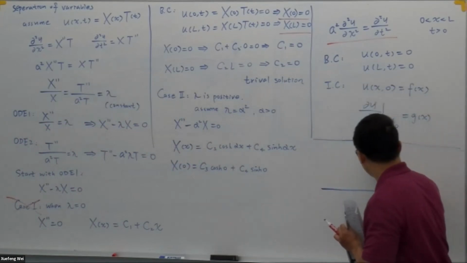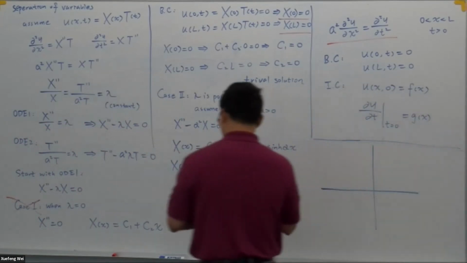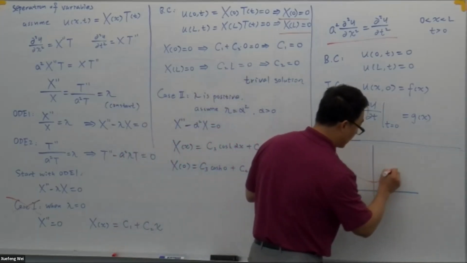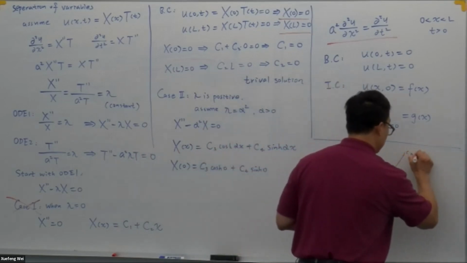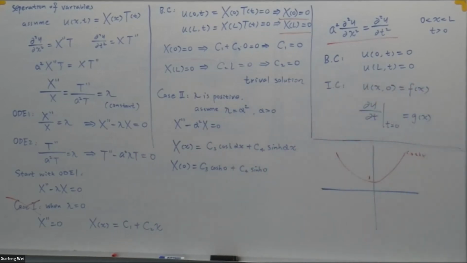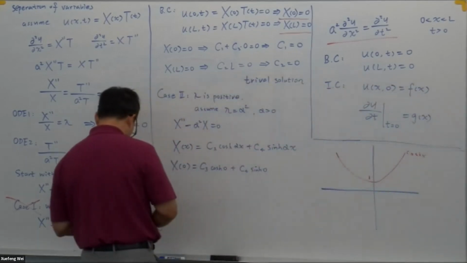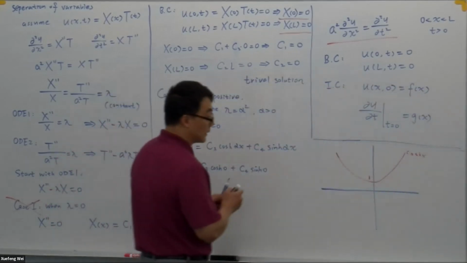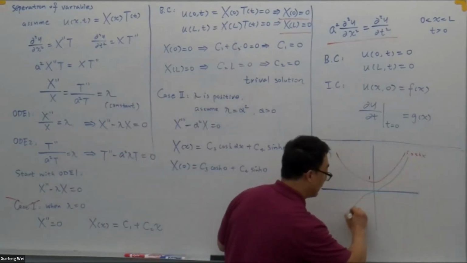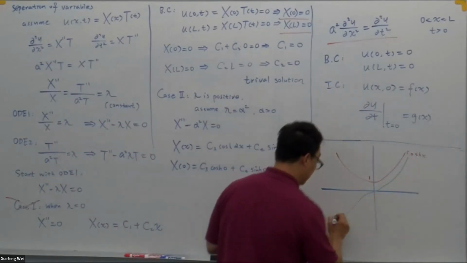Let's look at the curve. This is cosh(x), and this is 1. And sinh(x) is like this.